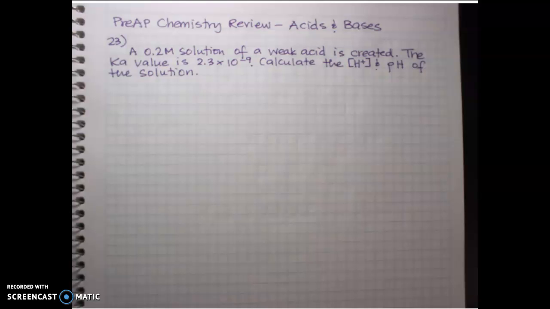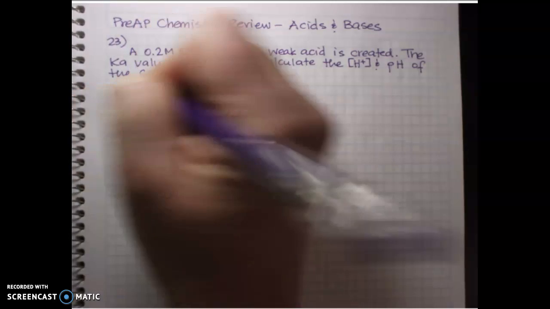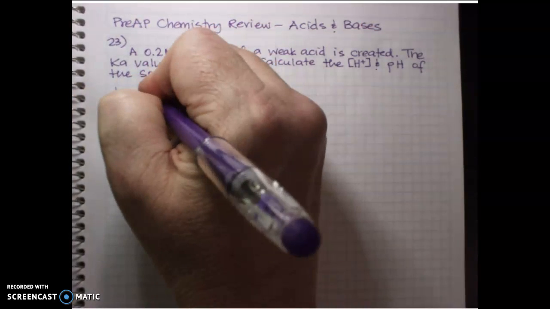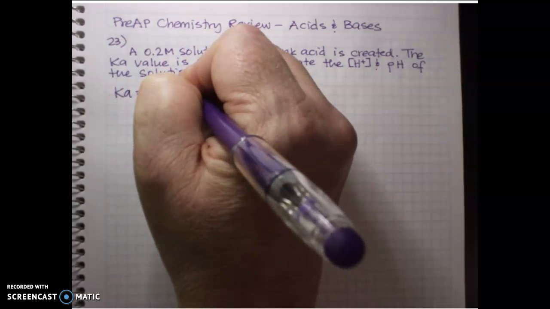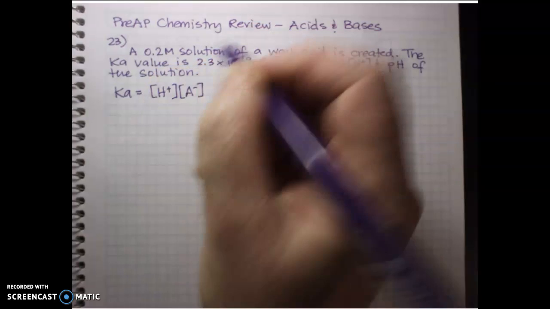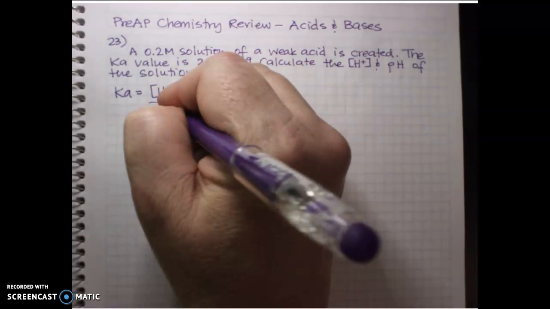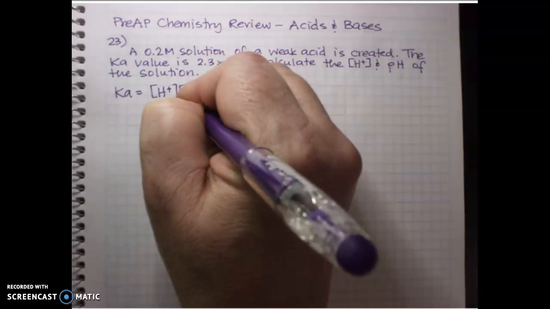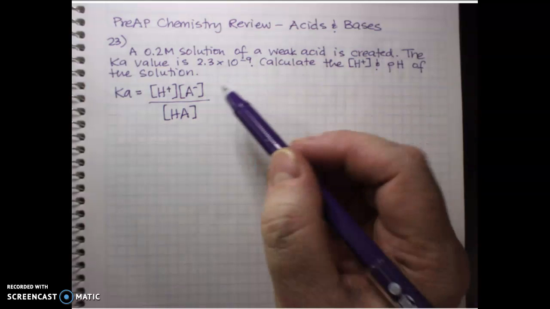So the first thing we need to do is remember that our Ka expression is going to be the concentration of our products divided by the concentration of our reactant. And this is dissociating, so we know that that's what it is.